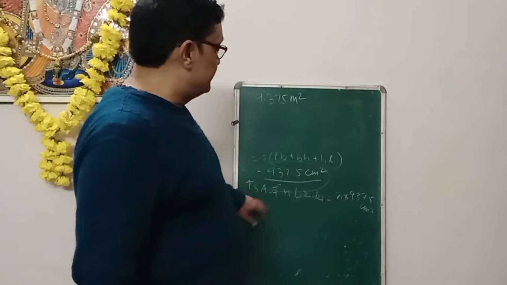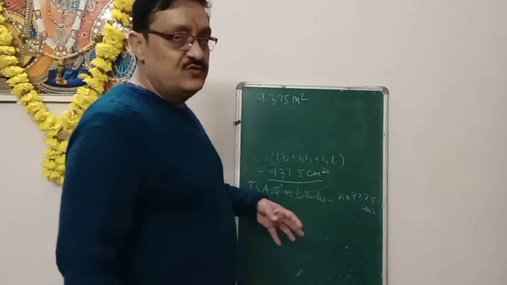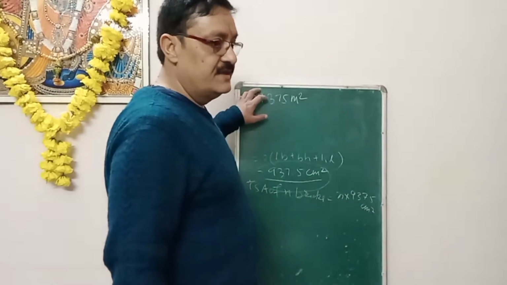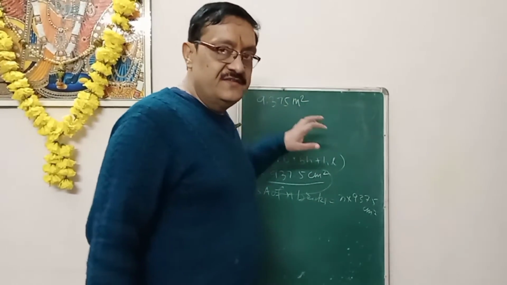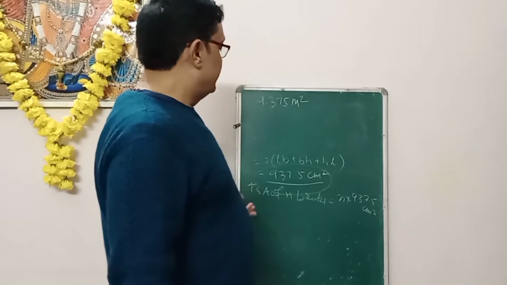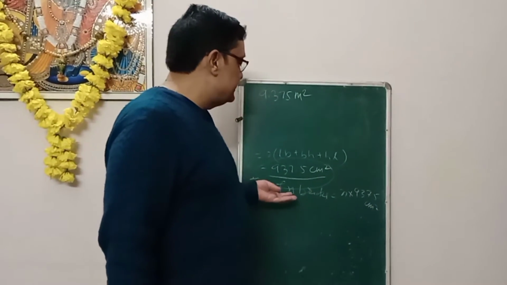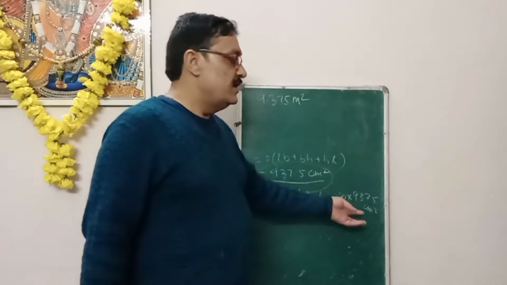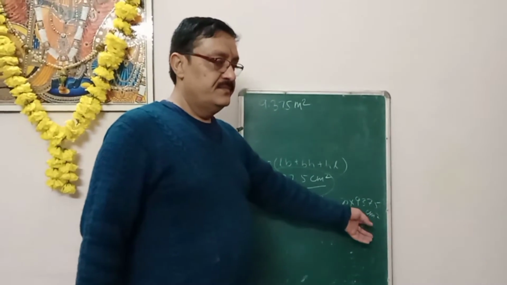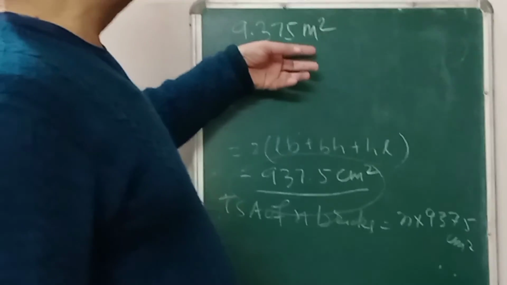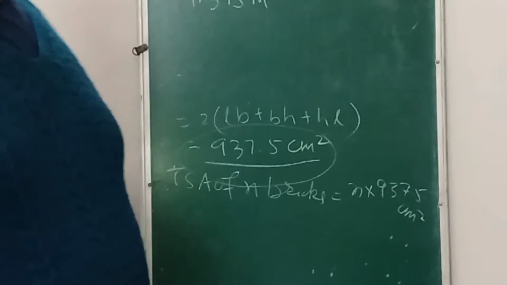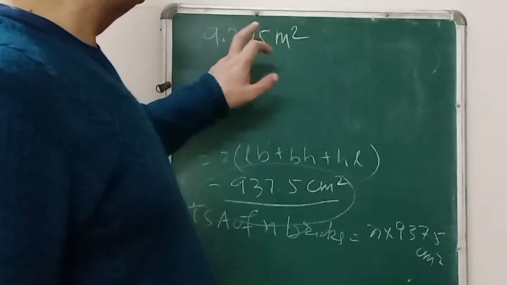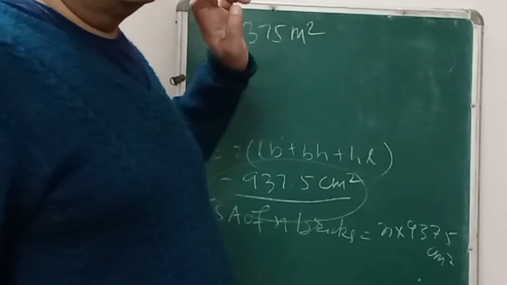The TSA of n bricks: we have assumed that this paint is able to paint n bricks. The total surface area of n bricks we know, but this is in centimeter square, and the total area which that paint is able to paint is 9.375 meter square.